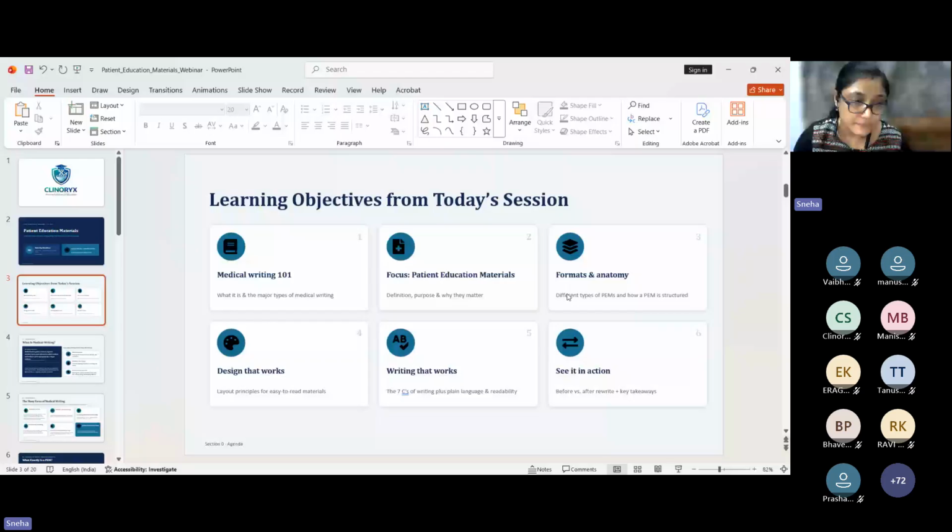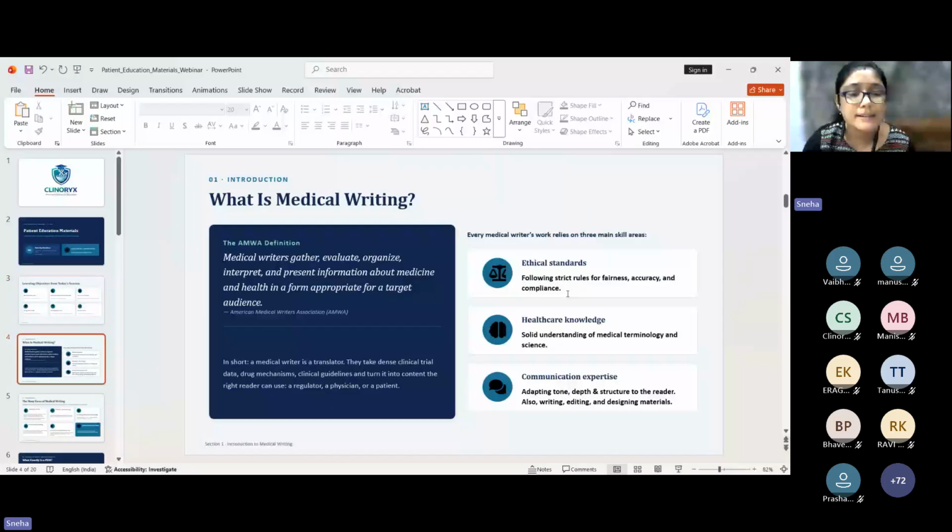So to begin with, we just rush through the definition of medical writing. According to AMWA, the American Medical Writers Association, medical writers gather, evaluate, organize, interpret, and present information about medicine and health in a form appropriate for a target audience.